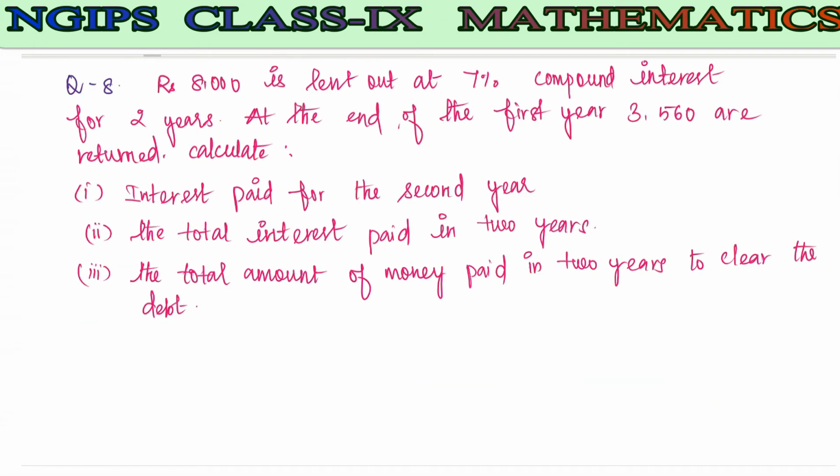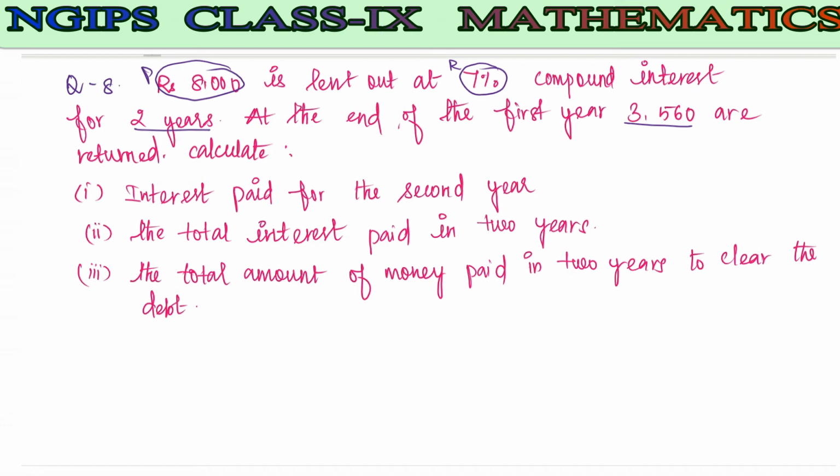Now if you look at question number 8, we have rupees 8,000 lent out at 7% compound interest. So this is the principal they have given here. Compound interest rate is equal to 7%, principal is 8,000, compound interest for 2 years. At the end of the first year they have given 3,560 as returned.